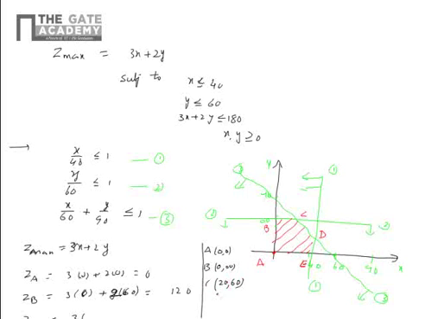After simplifying, D is 40 comma 30, E is 40 comma 0. Substitute those values here. So B is done. C is 3 into 20 plus 2 into 60, which is 180.